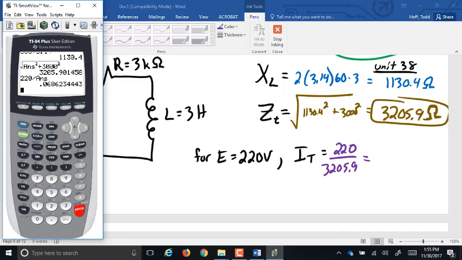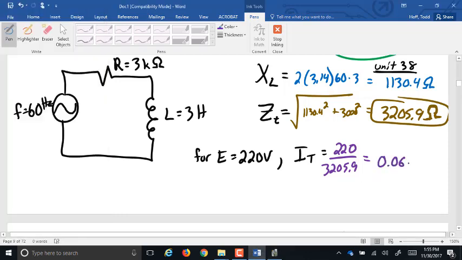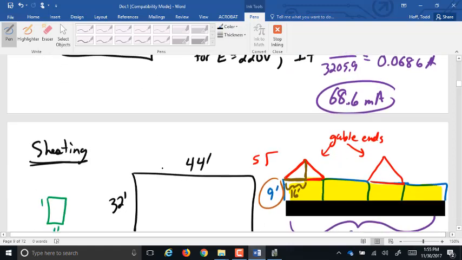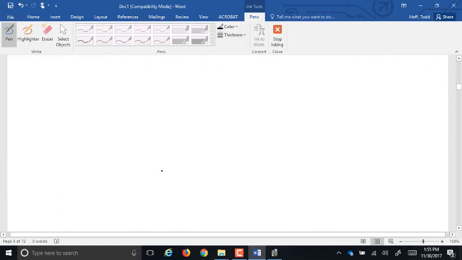It's correct, 0.0686. So that would be amps, that's 68.6 milliamps. Perfect. All of this is pretty much the same if you have a capacitive circuit.